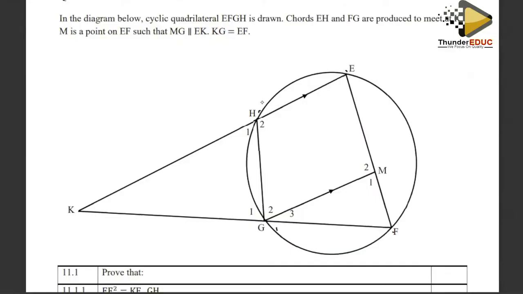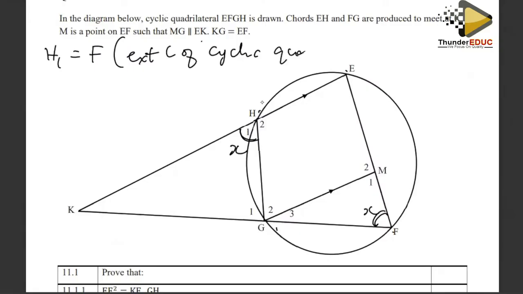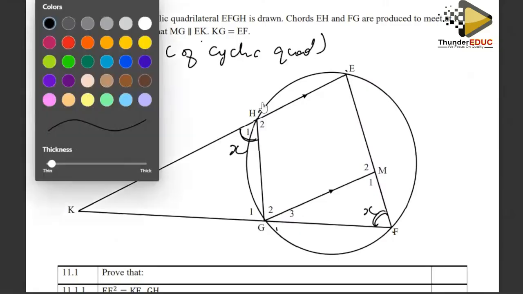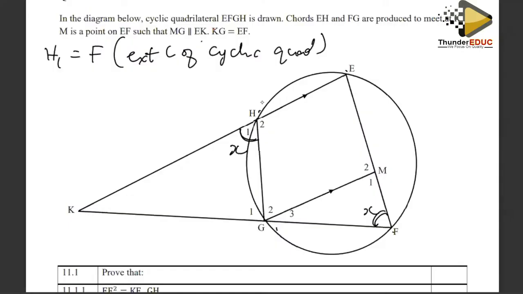And if it's a cyclic quad, we know that H1, okay, if I call that X, it's going to be the same as F. Okay, reason being, let's just say it. H1 is the same as F. That is exterior angle of a cyclic quad. That's number one. Number two, the other thing we need to highlight before even we start the proving is that G1 is going to be the same as E. Also exterior angle of a cyclic quad. So if this is a Y, this must also be a Y. Now let's do the proving.